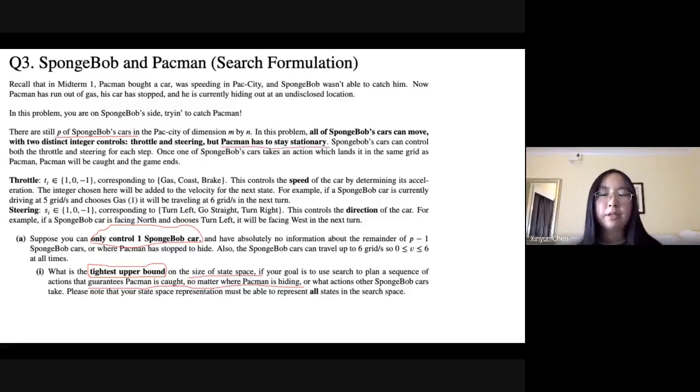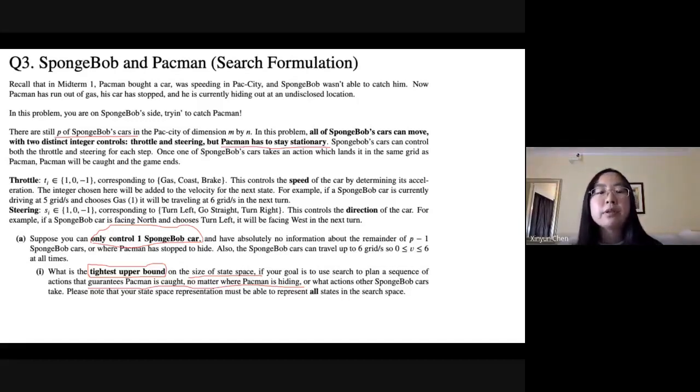So basically, we can just move our cars to visit all the possible positions in this Pac city, and then we can guarantee to catch Pac-Man. So let's see how to compute the size of the state space.